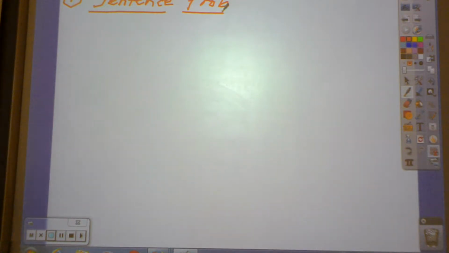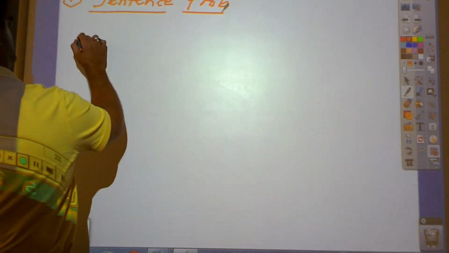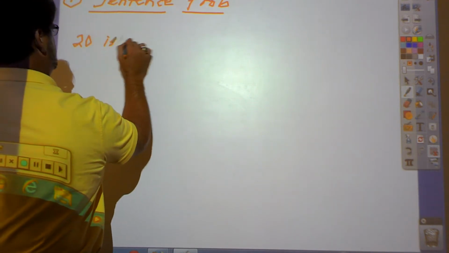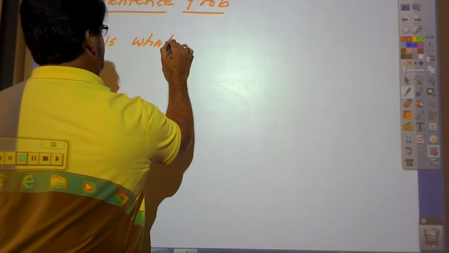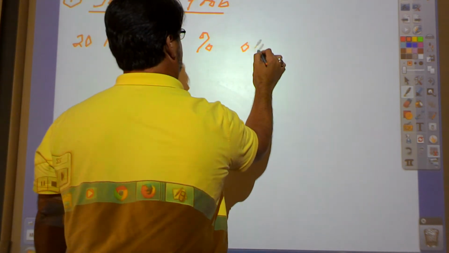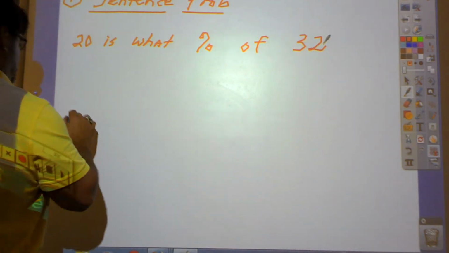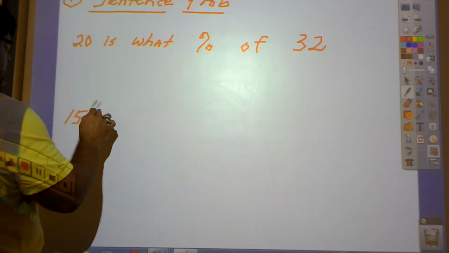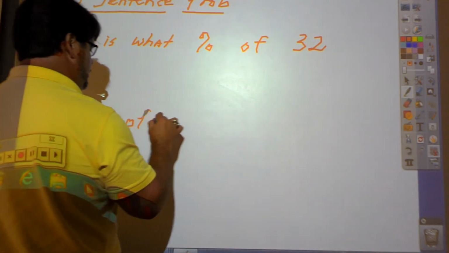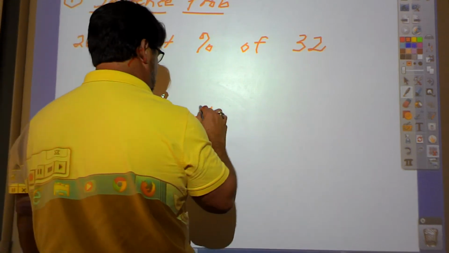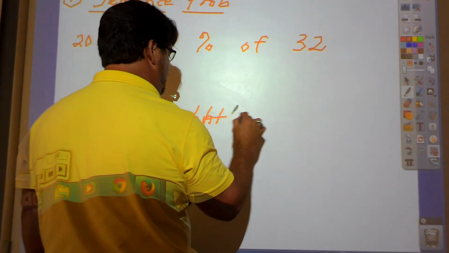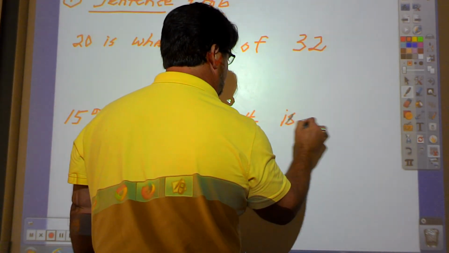Those are the sentence problems. 20 is what percent of 32? 15% of what number is 13?